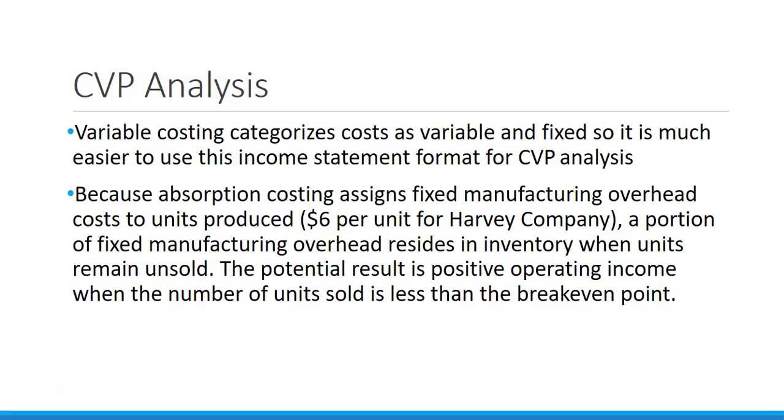So the potential result is having positive operating income when the number of units sold is actually less than the break-even point. So we look at variable costing with CVP analysis.